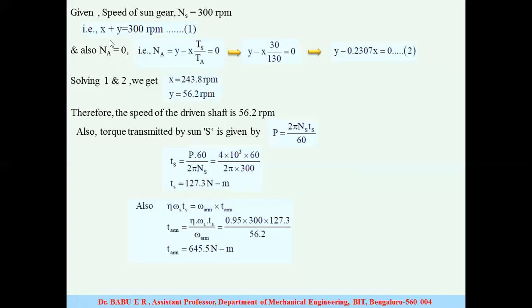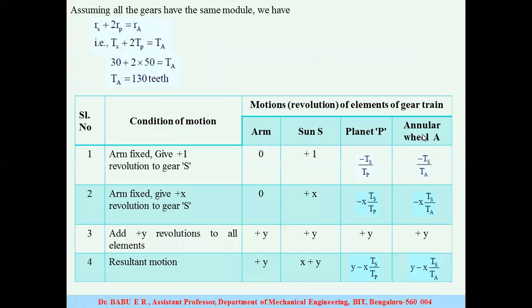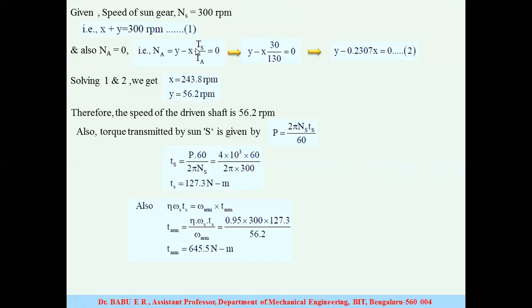Also from the data, the fixed annulus A, that is the gear A, is fixed. So the speed of that gear A becomes equal to 0. But from the table, the speed of gear A is y minus x times of Ts by Ta. So y minus x times of Ts by Ta equals 0.